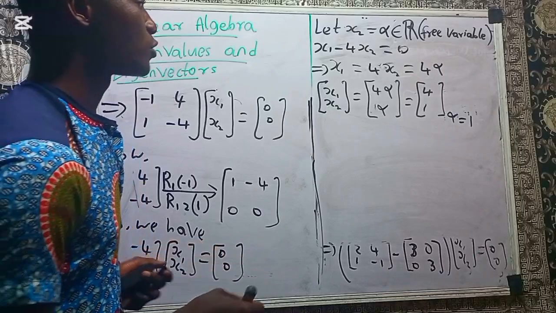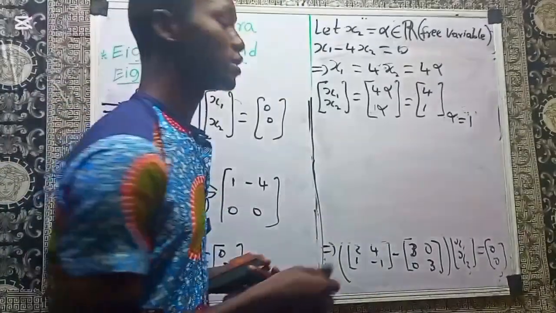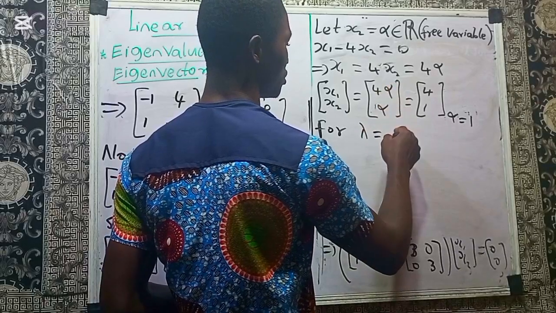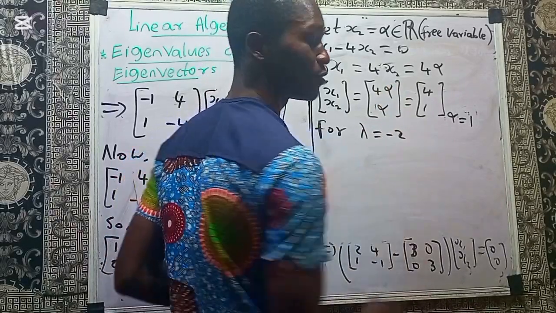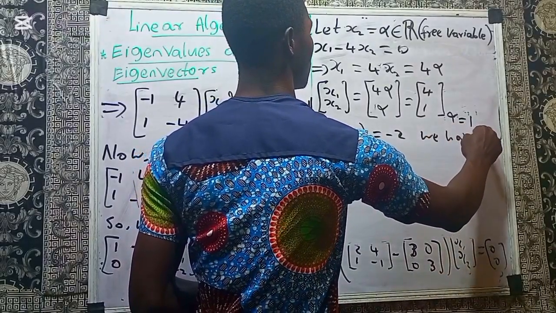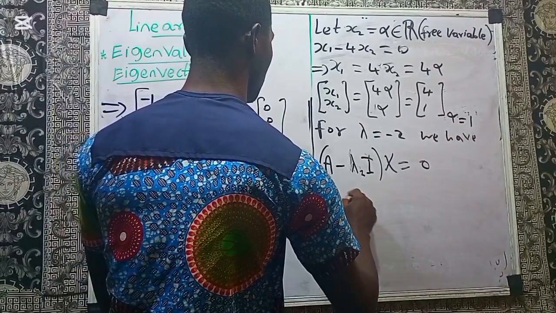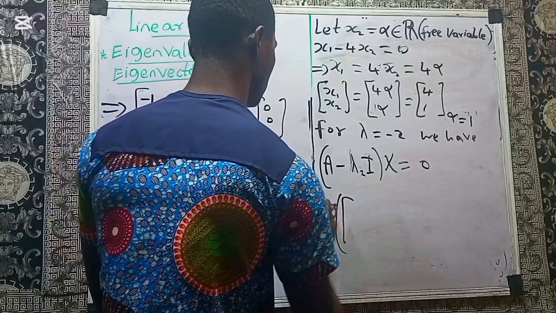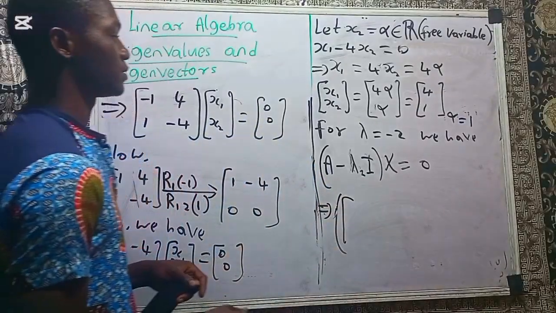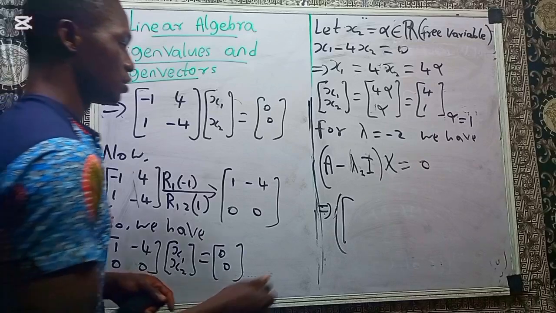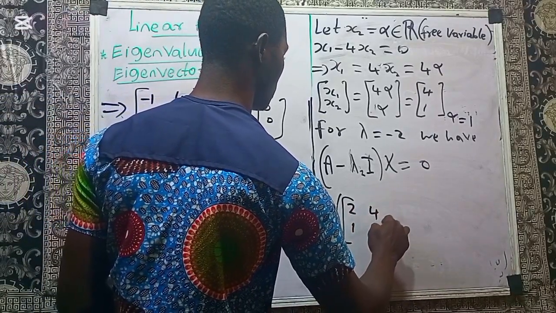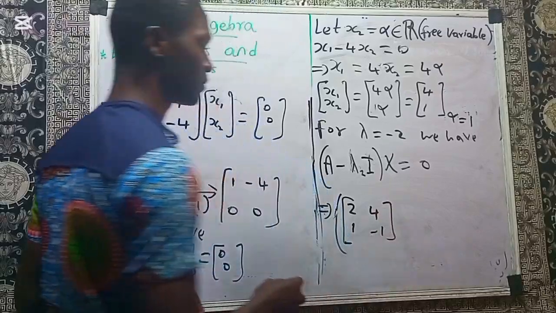So this is what we got. Now we are going to solve for the second lambda, lambda equals negative 2, right? That was the second lambda. We can go ahead and do the substitution. What is your matrix A? So write down the matrix A. This was our matrix A, right?